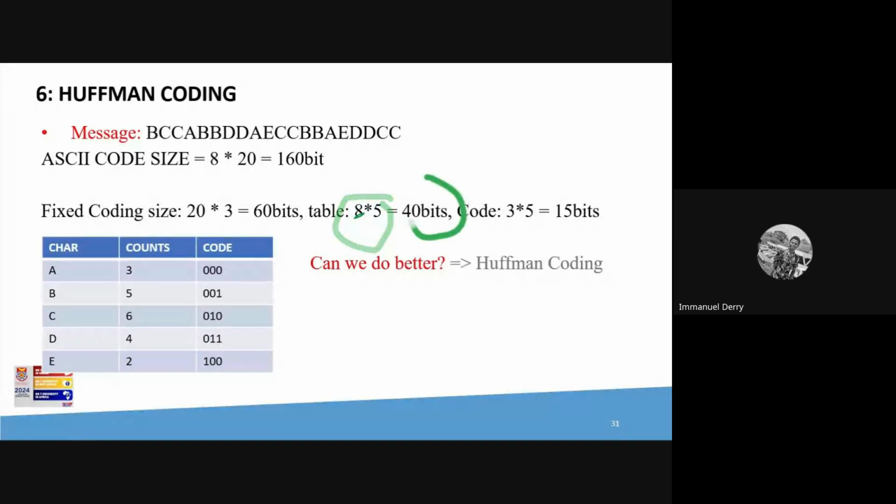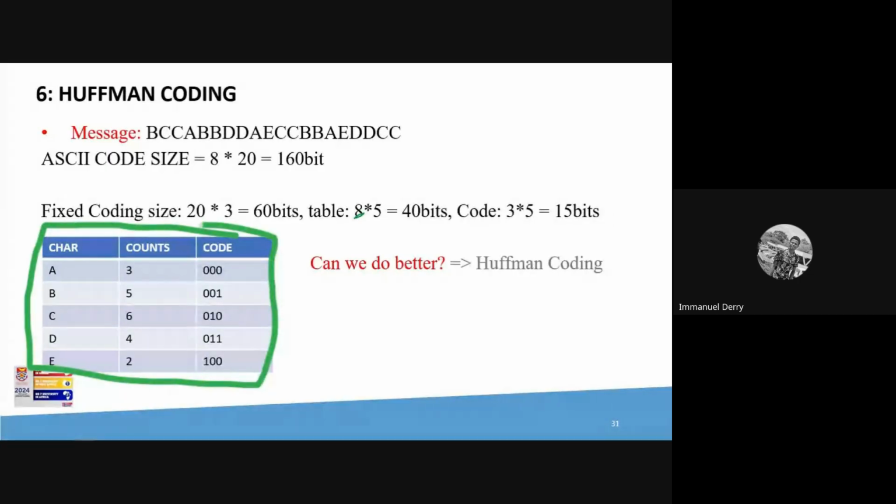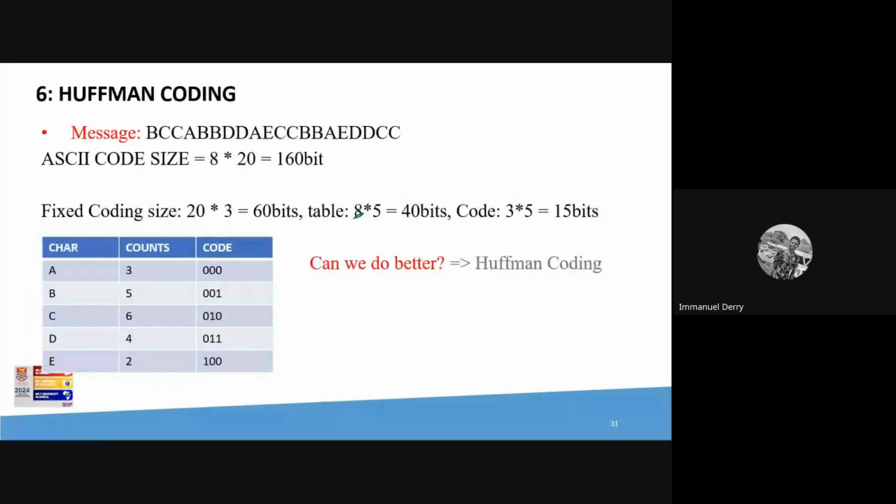So we need 40 bits to store this table we just constructed. Then, to get a code, we multiply the 3 bits represented with each unique character by the count of the unique characters, which is 5. So 3 times 5 gives us 15 bits.